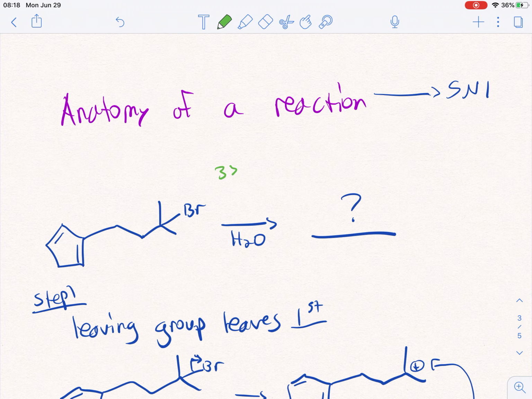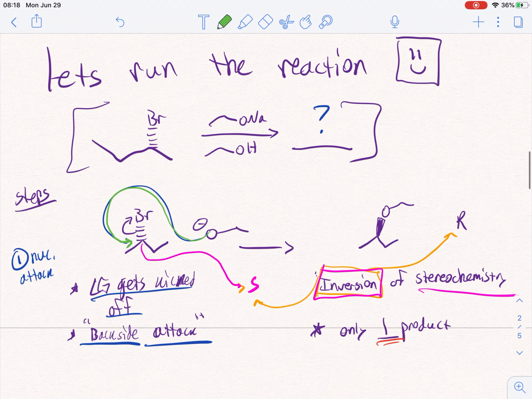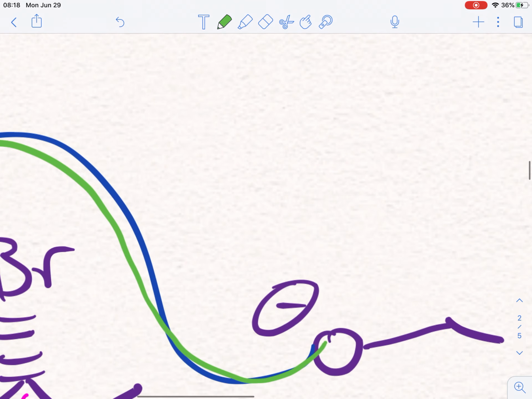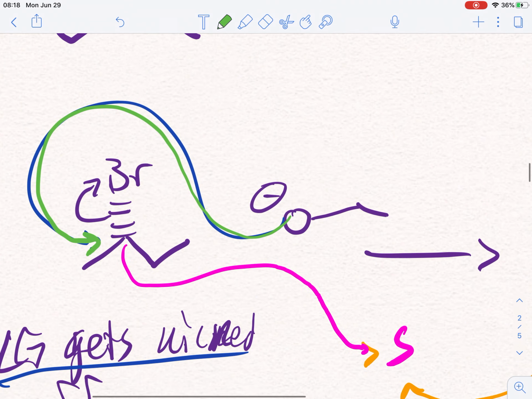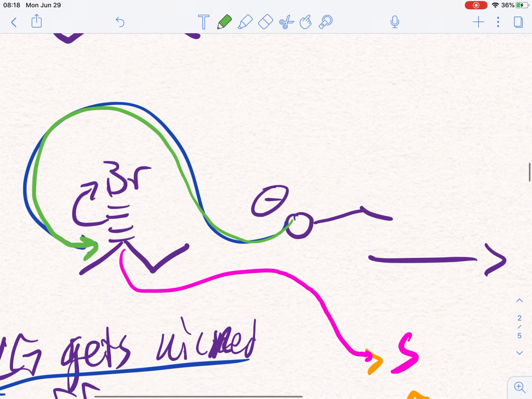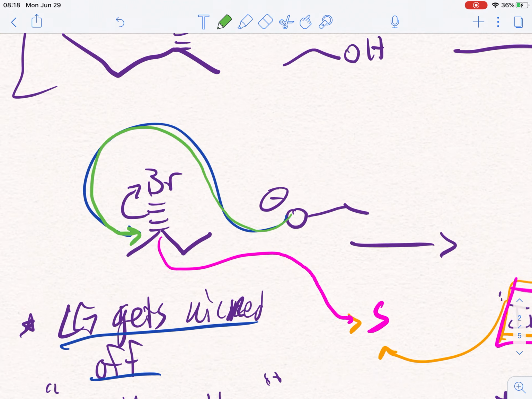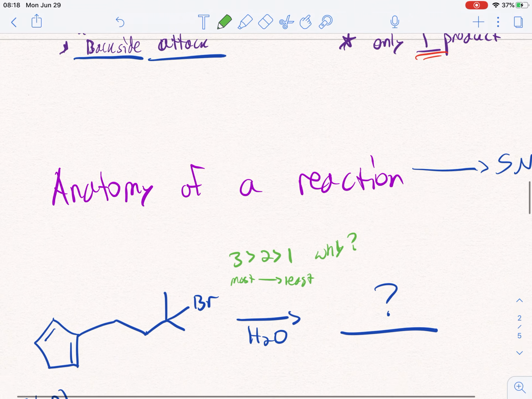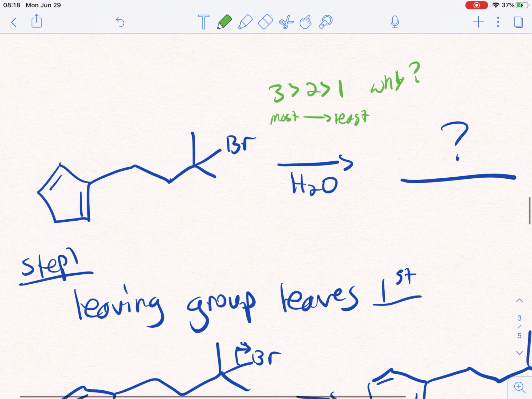SN1, we have tertiary is greater than secondary, which is greater than primary. But the question is why? Beforehand, this primary, secondary, tertiary motif was important because of the environment SN2 preferred. Same here.